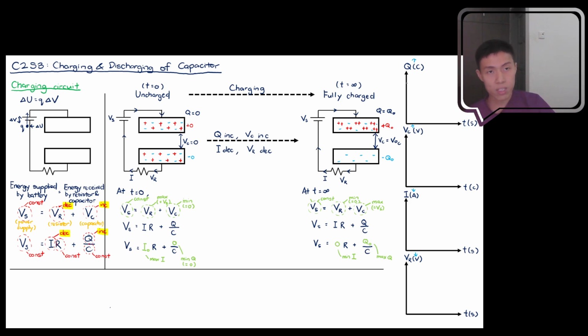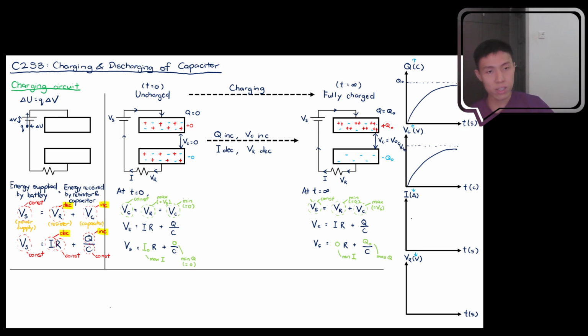There will be a maximum amount of charge stored, which is Q0. There will be a maximum amount of voltage over here, which is called V0C. So these two approach this Q0, and this one approaches this V0C.